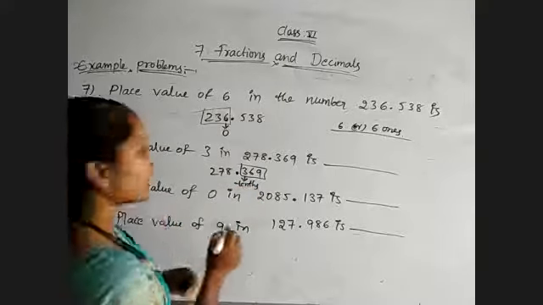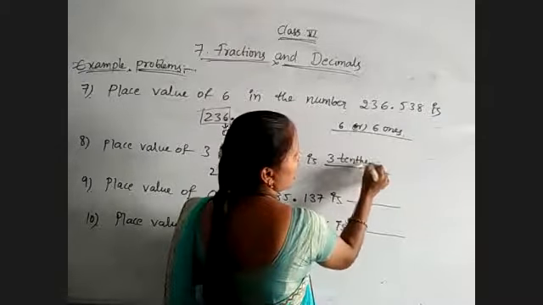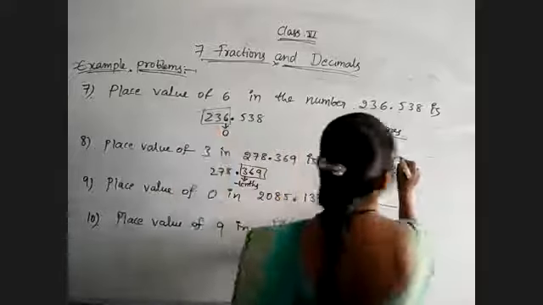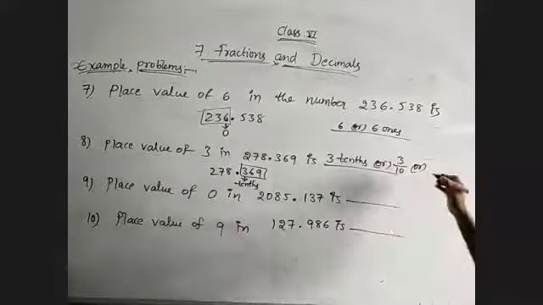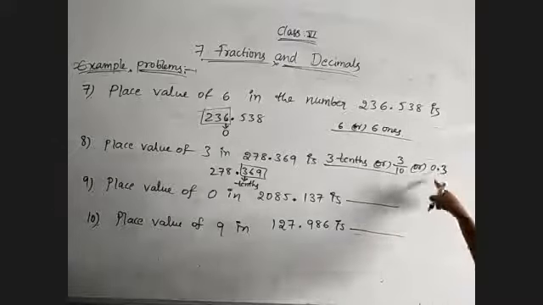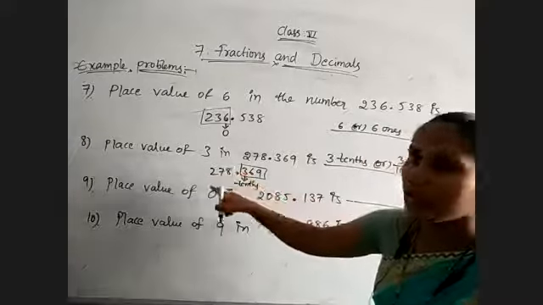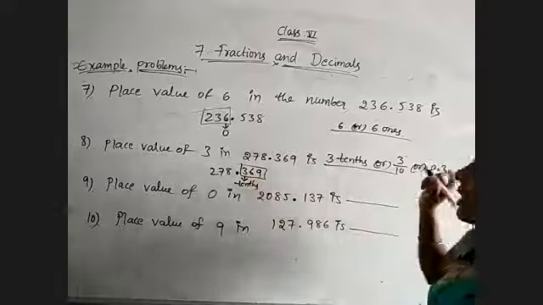So we can write it as 3/10 in words. Otherwise, place value we are writing in fractional form 3/10. Otherwise 0.3. To write it as a decimal number, just observe, the whole number part completely will become 0 and it is the first digit. So 0.3. That's all.